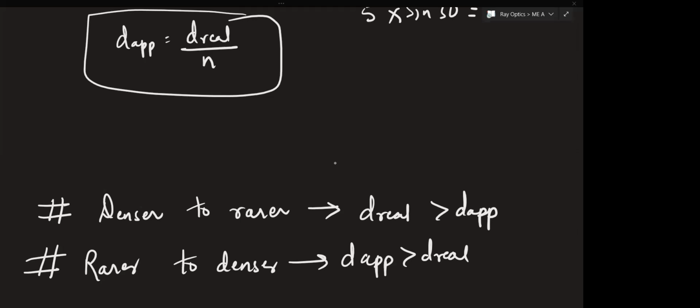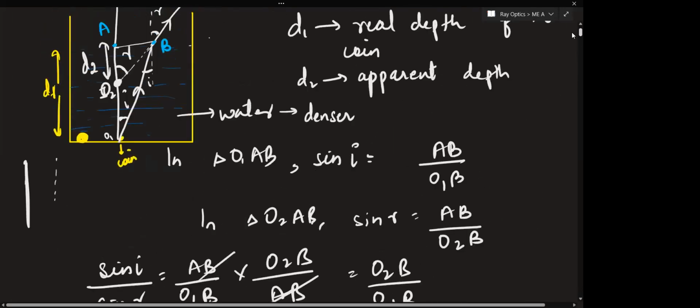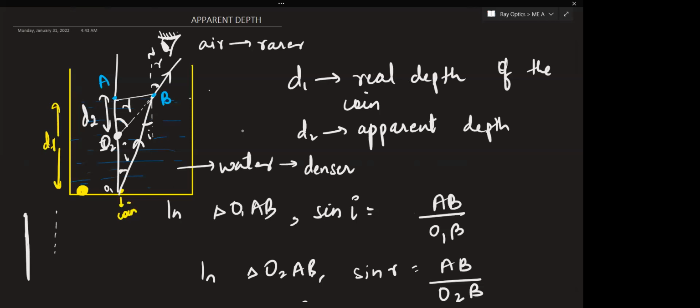See class, this difference that now arises, before you write this part, one more thing. You're seeing this difference. This is the real depth, this is the apparent depth. Do you notice this difference? This difference that you are able to observe is known as the shift that has occurred in the image. The object was here, and now here you are able to see the image.